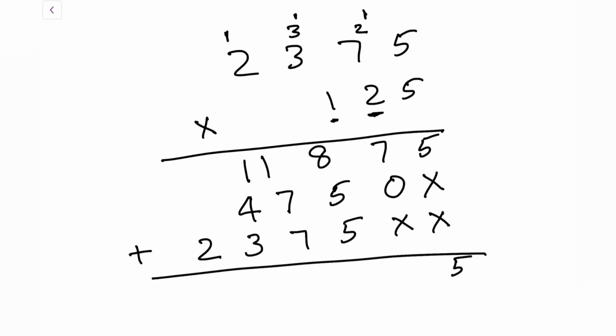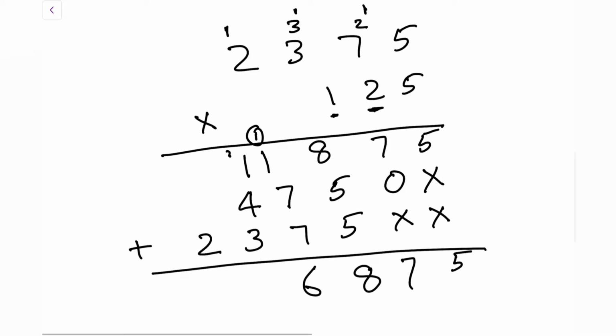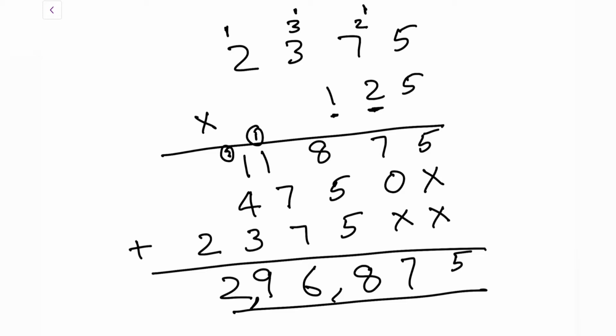5 becomes 5. 7 plus 0 is 7. 8 plus 5 plus 5 is 18. 1 gets carried forward. 7 plus 7, 14. 15, 16. 4, 5, 6, 7, 8, 9 and 2. Here is your answer. That is 2,96,875.